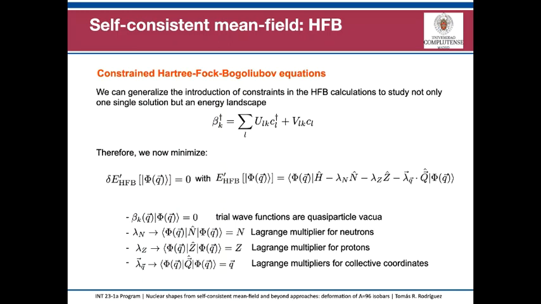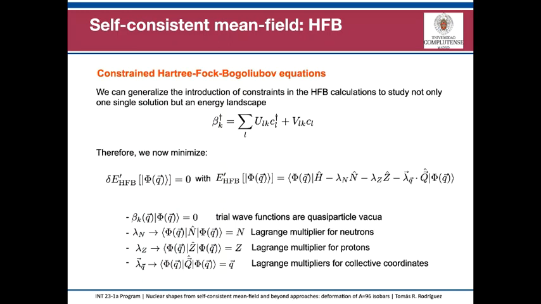So we are doing a restricted variation because we are just selecting the Hilbert space that fulfills, apart from being an HFB state, these conditions. And here we can say, okay, let's take these parameters.